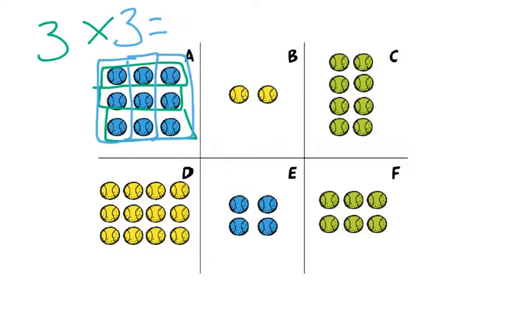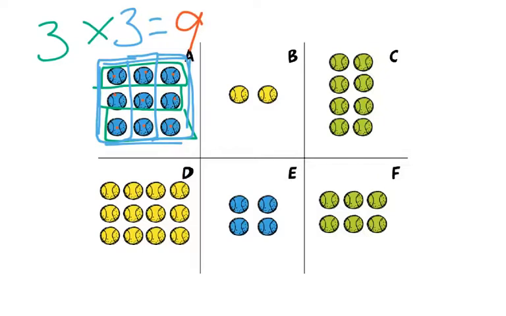This is a square because the dimensions on each side are the same. 3, 3, 3, 3. Now to find the total, we're either going to count by 3s, 3, 6, 9 on our 3 fingers, or in our head, or we're going to count up how many baseballs there are. 1, 2, 3, 4, 5, 6, 7, 8, 9. So 3 times 3 is 9.